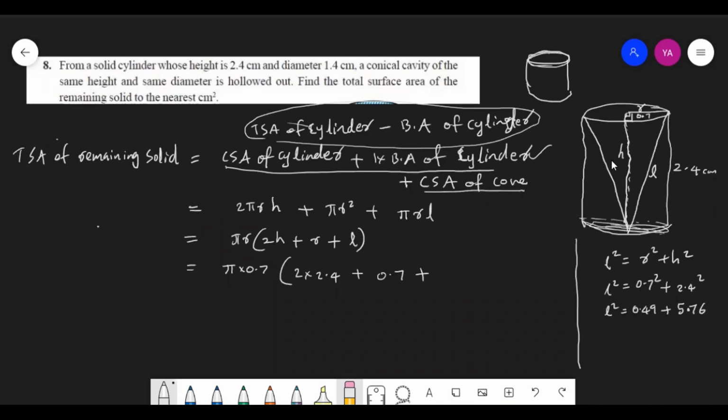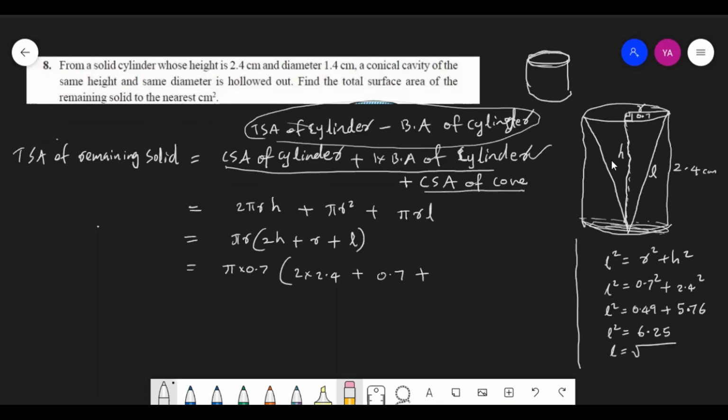24 square is 576, so 2.4 square will be 5.76, putting the decimal point two places left. Similarly, 7 square is 49, so 0.7 square is 0.49. Now add: L square is equal to 6.25.